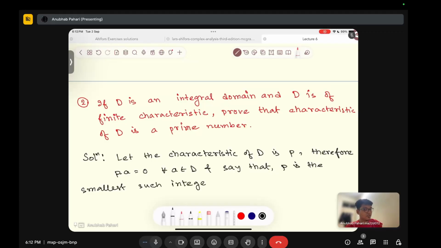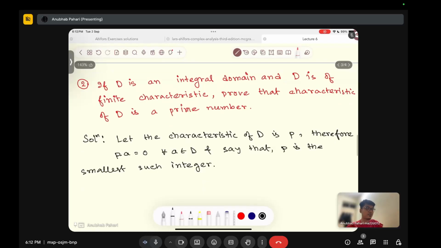So it is possible, right? Because P is a positive integer, so it has a lower bound. So since P has a lower bound, we can think of the smallest of those numbers, that is the minimal number.